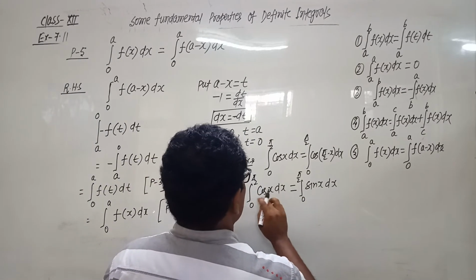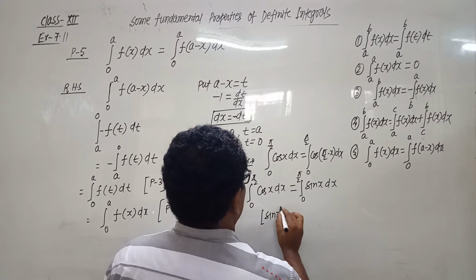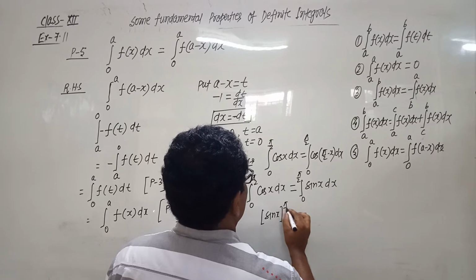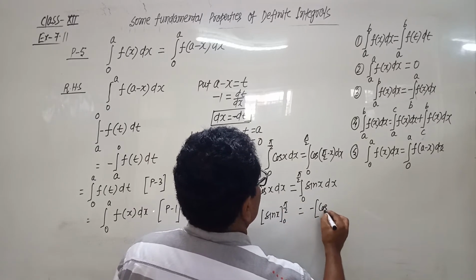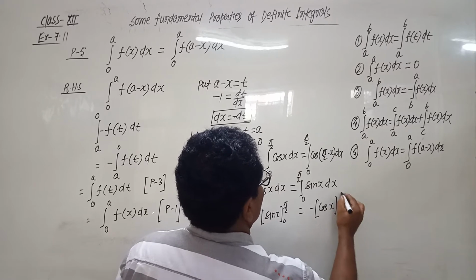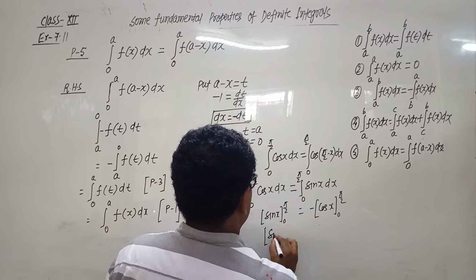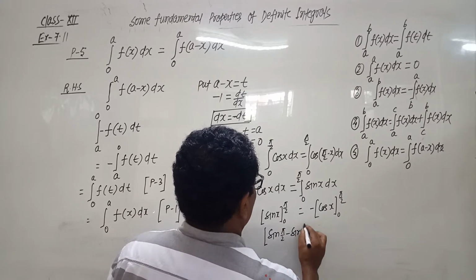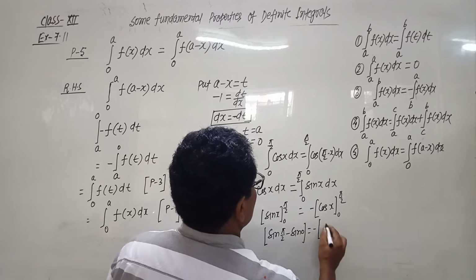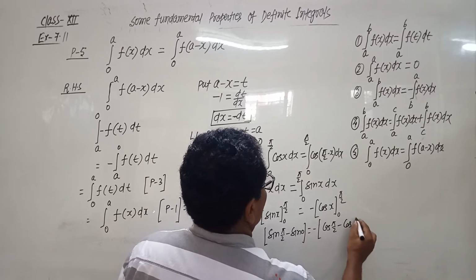Let us see. The integration of cos x is sin x with limits from 0 to pi by 2, and the integration of sin x is minus cos x with limits from 0 to pi by 2. Then put the limits: sin pi by 2 minus sin 0 equals minus cos pi by 2 minus of minus cos 0.